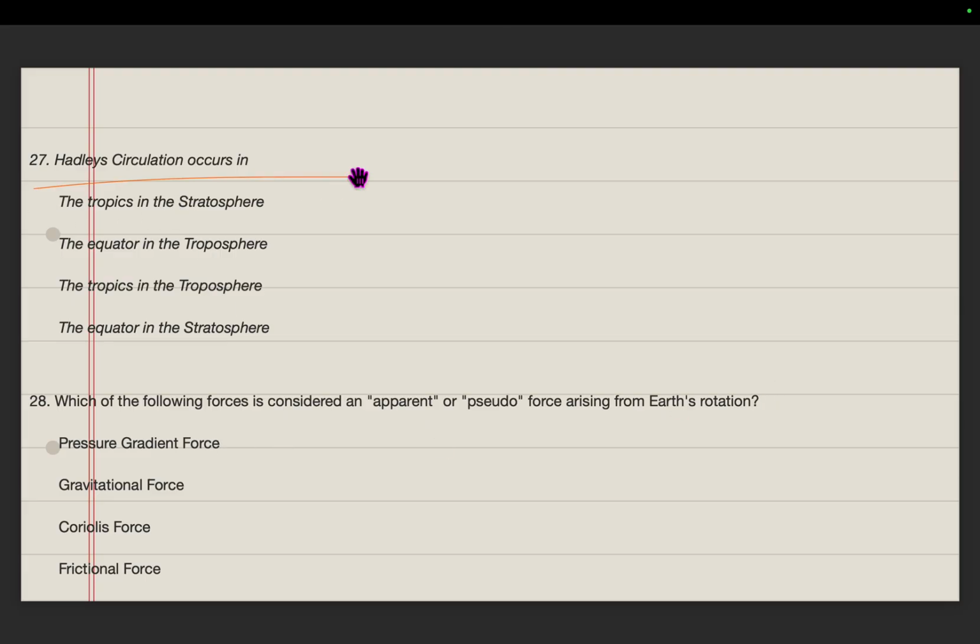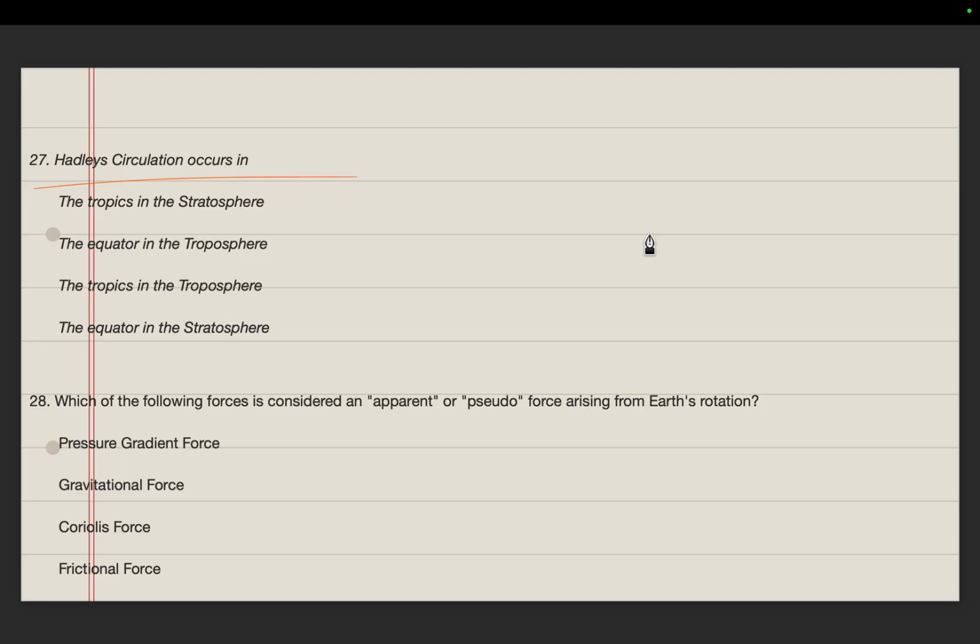Question 27: Hadley circulation occurs in which of the layers? Tropics of the stratosphere, equator of troposphere, tropics of the troposphere, equator of stratosphere.